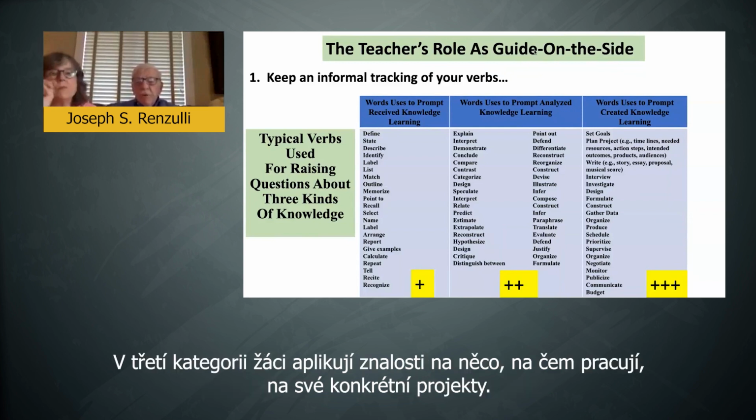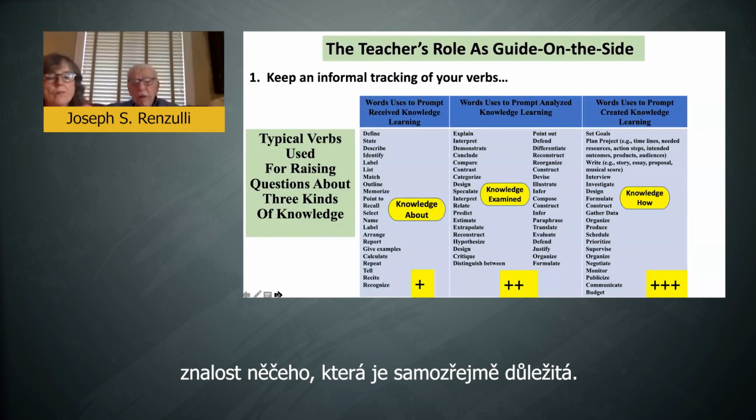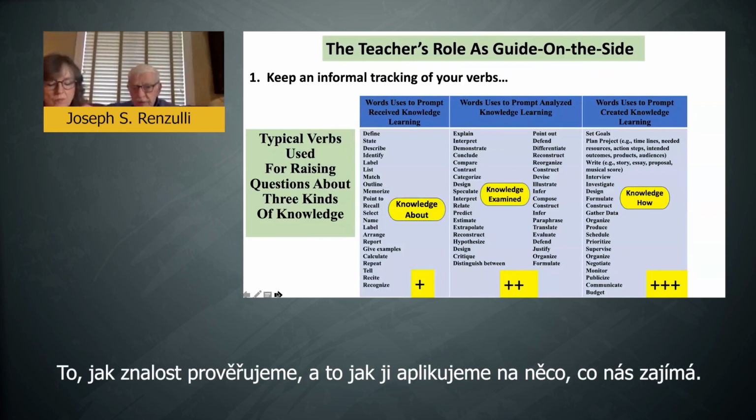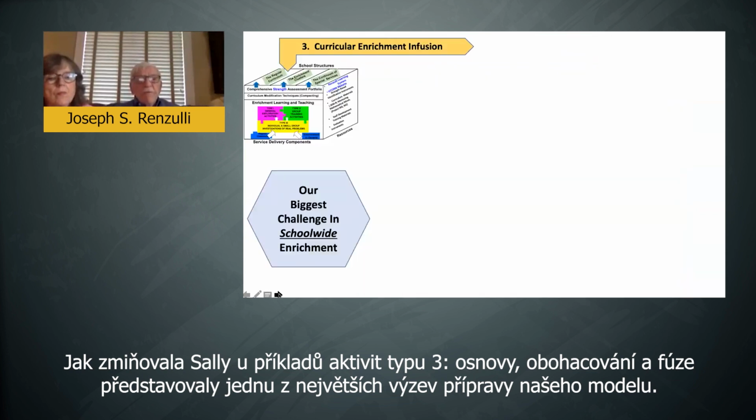But then the third one is, again, the youngster applying knowledge to something like a project that they're working on. And so these 3 types of knowledge, really knowledge about, which is obviously important, how you examine that knowledge, but then the knowledge how is actually how you go about applying that to something that you're interested in. And again, you saw Sally's examples of type 3.